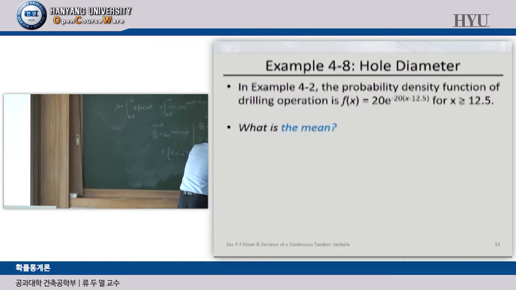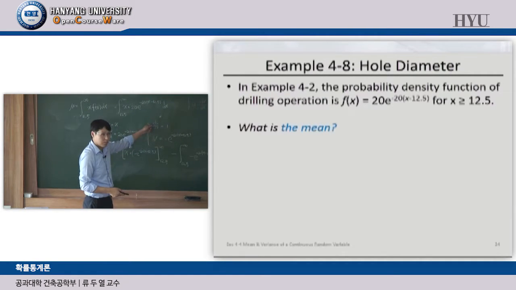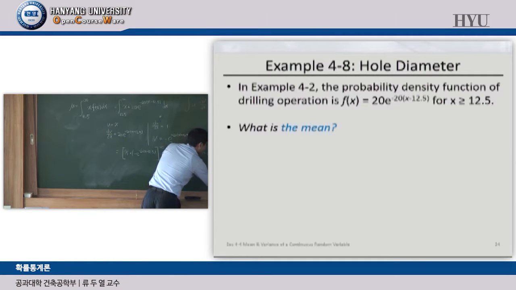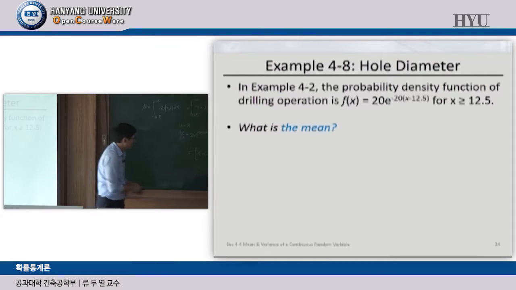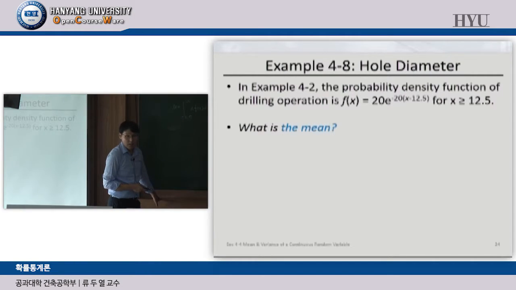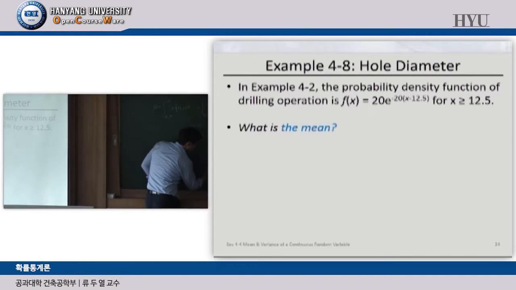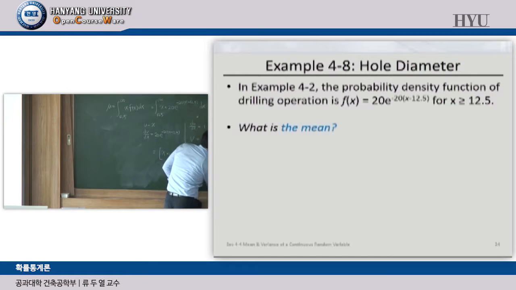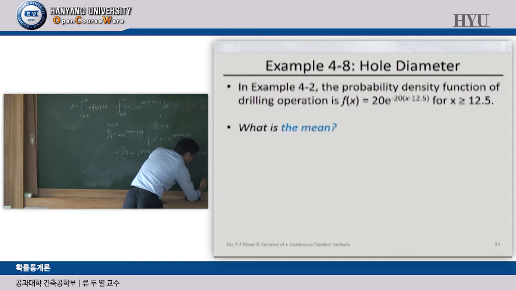Minus exponential minus 20 (x minus 12.5) multiplied by du over dx, that is just 1, dx. Okay? So we have to calculate these two cases, and I'm going to express this as A and this as B.